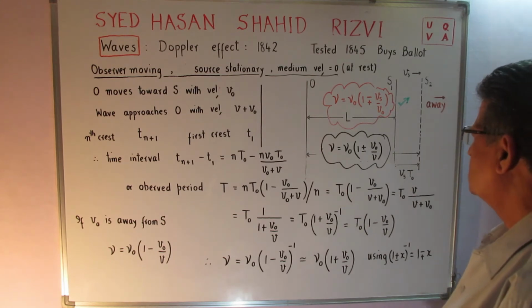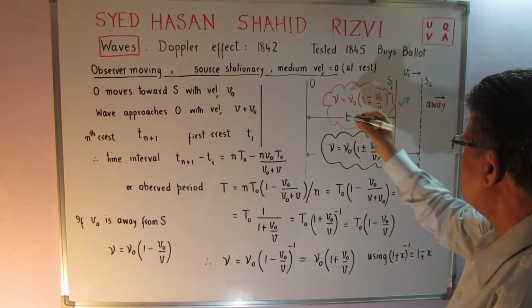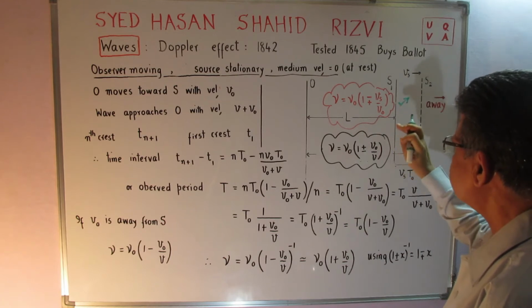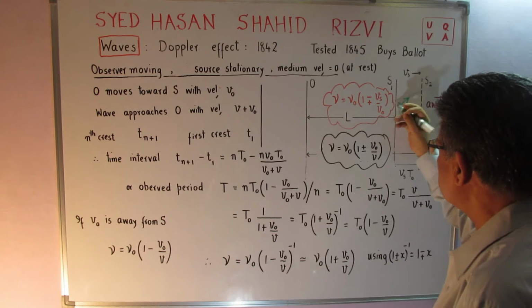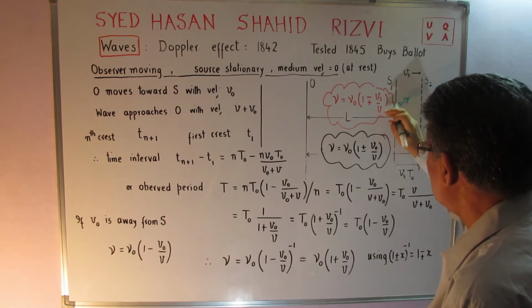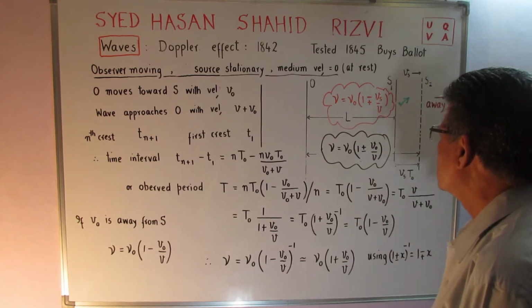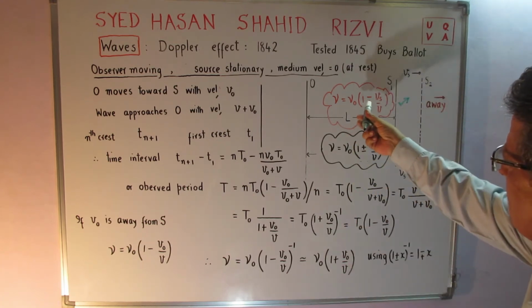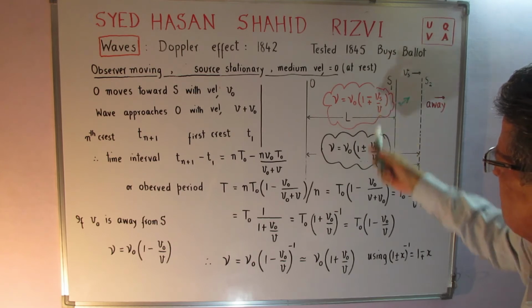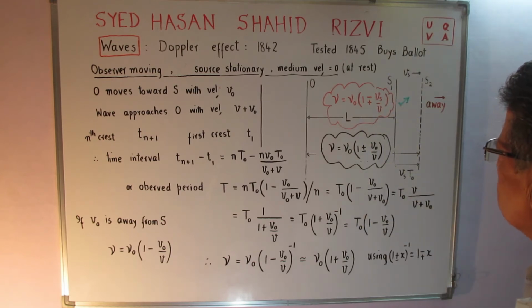Oh, sorry. This expression that I obtained called for removing this 0 from here; the velocity of sound is v. So please make corrections. Nu is equal to nu naught (1 minus/plus Vs upon V).